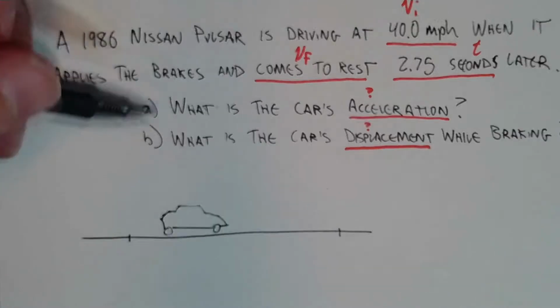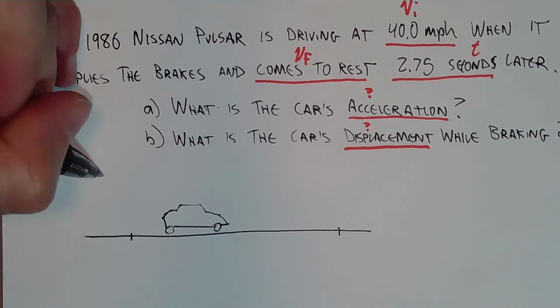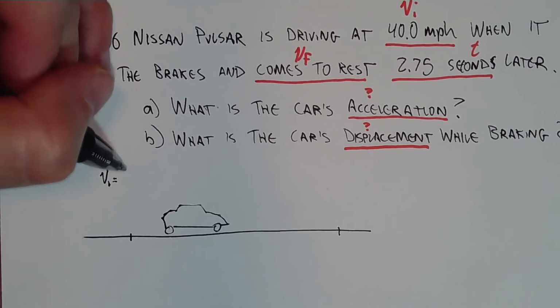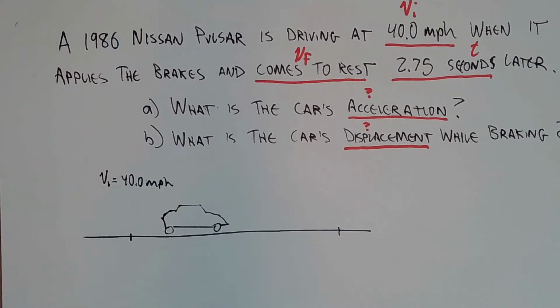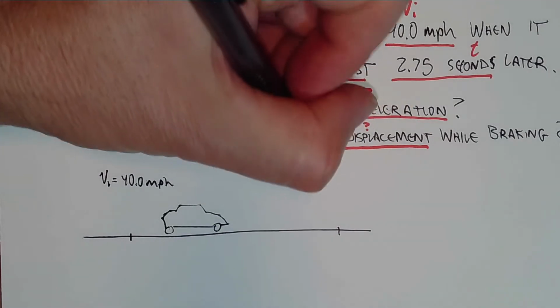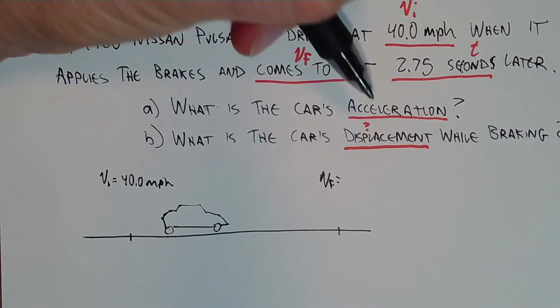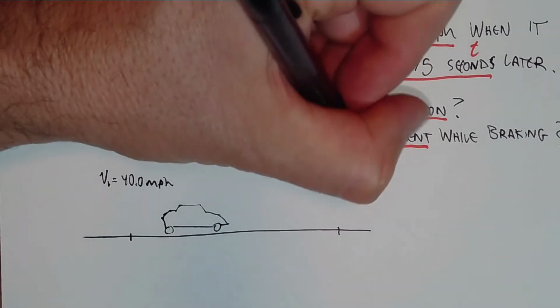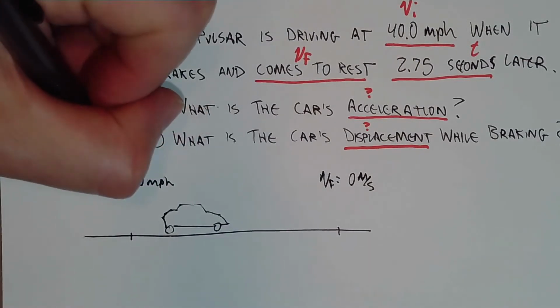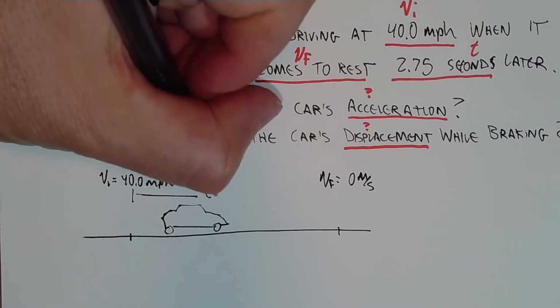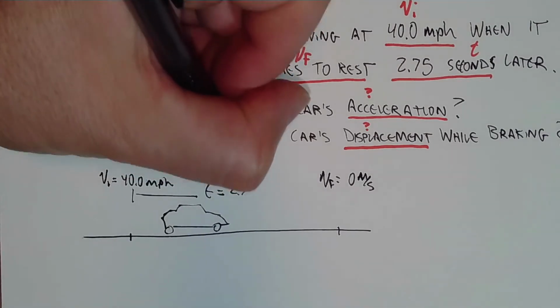So driving at 40 miles an hour is VI. VF is 0 meters per second. And the time that the entire problem takes to occur is 2.75 seconds.